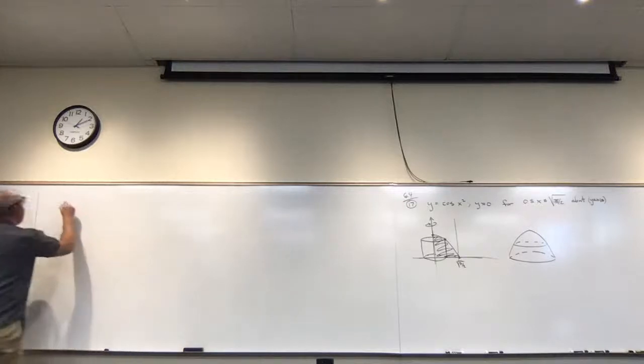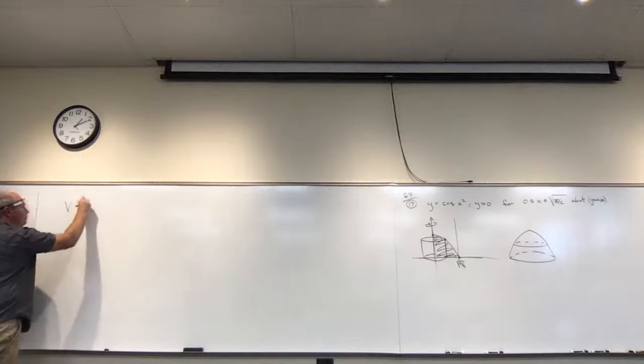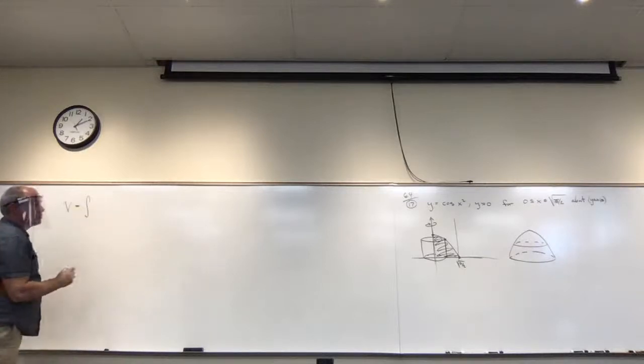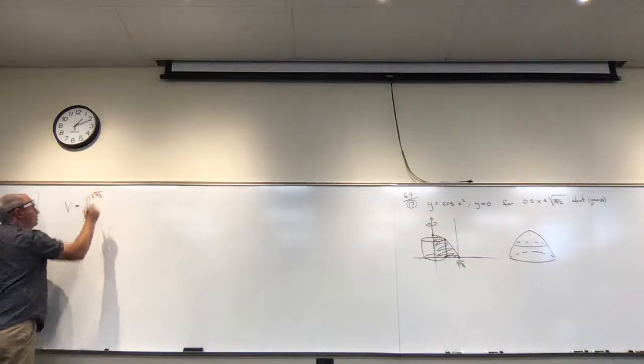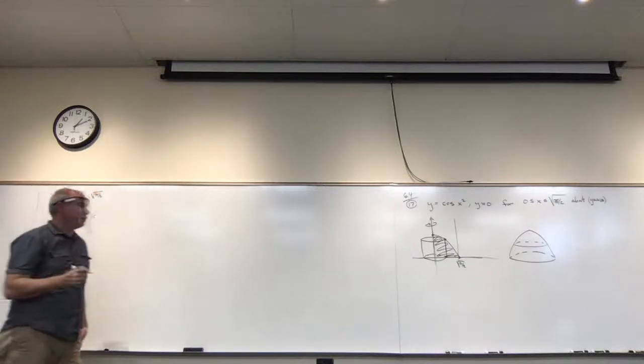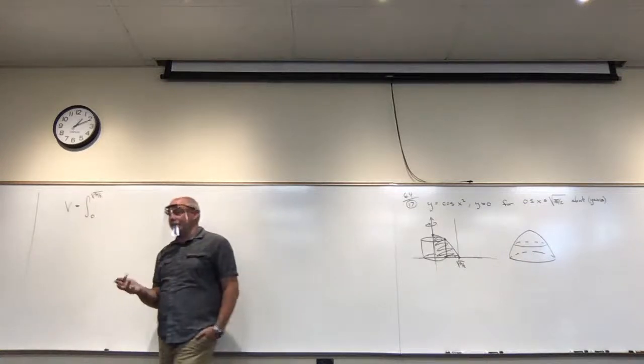So the volume is going to be equal to the integral from 0 to square root of pi over 2 of, we're using the shell method, so we have 2 pi r h.